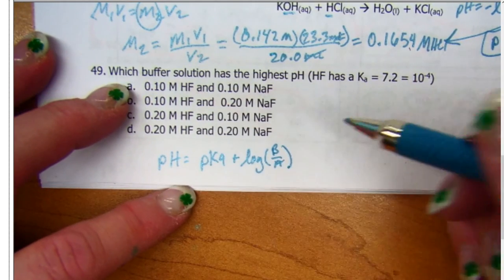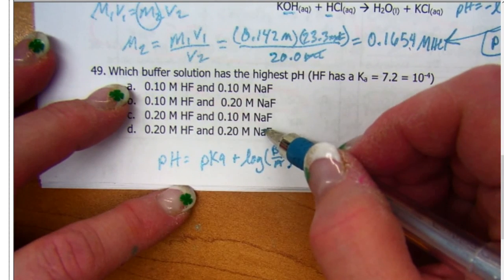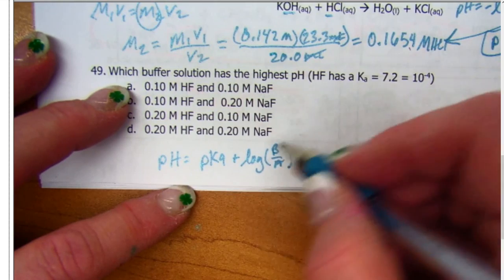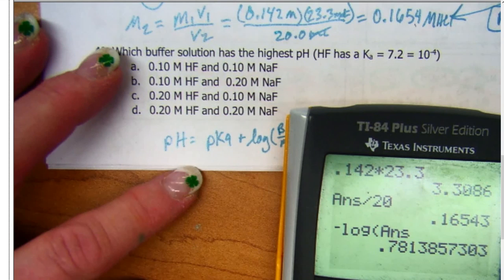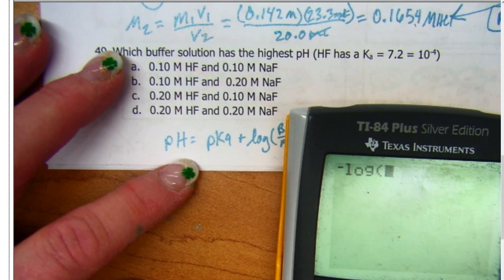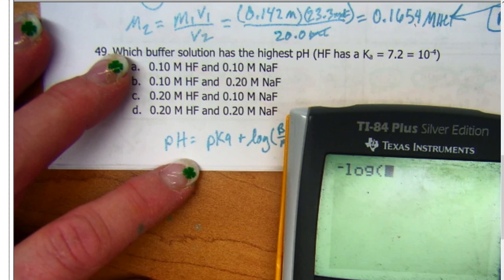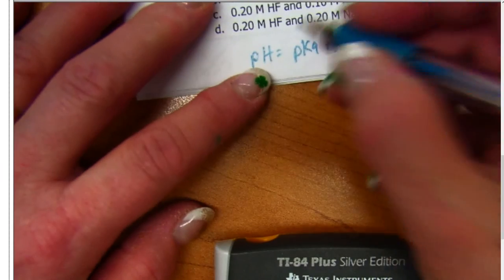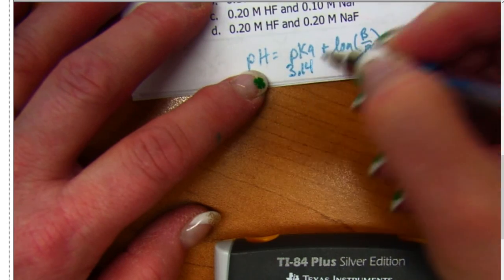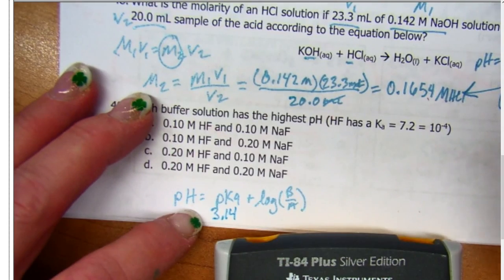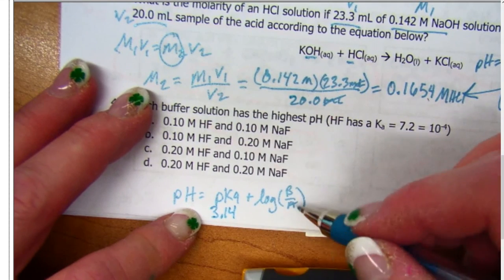So we know HF is the acid, that would make NaF the base. We can really quickly find the pKa, so we can have it for all of the calculations. So negative log of 7.2 times 10 to the -4, bring it down, parentheses. So the pKa here is always going to be 3.14. It sounds like pi.